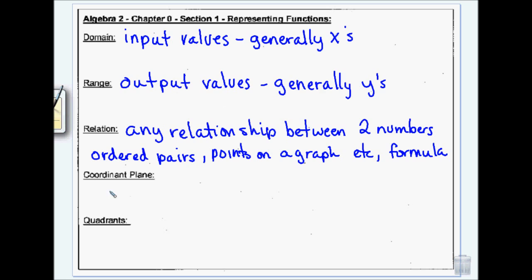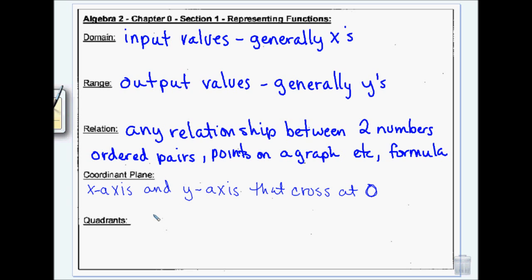Coordinate plane. You guys have seen these. It's where you get an x-axis and a y-axis. Okay, and they cross at 0.